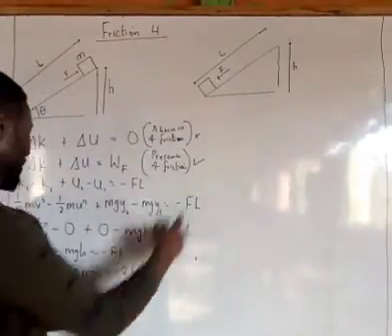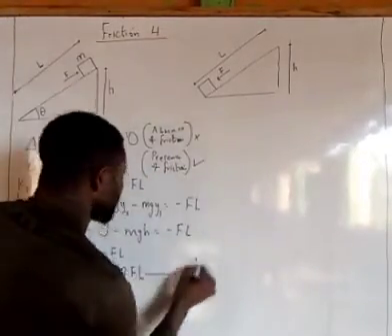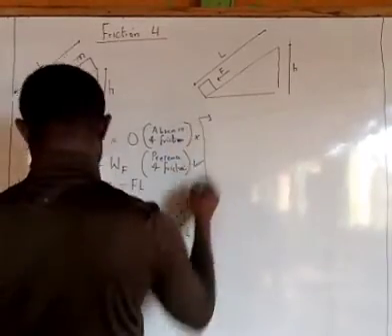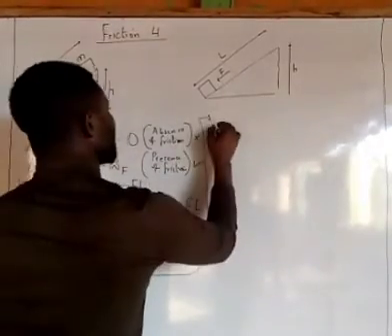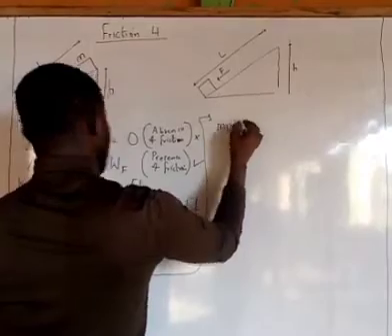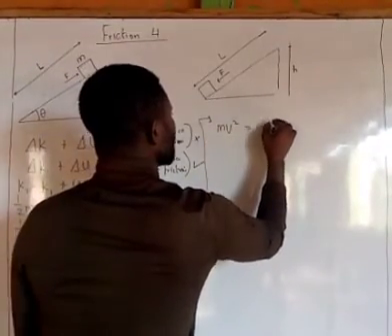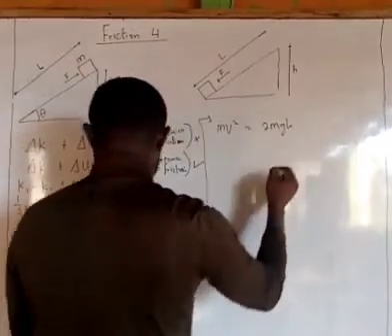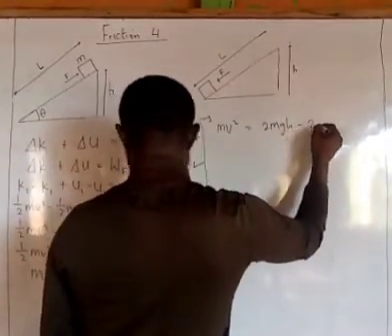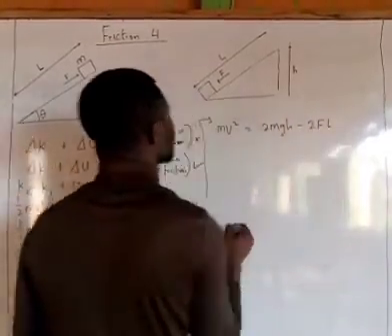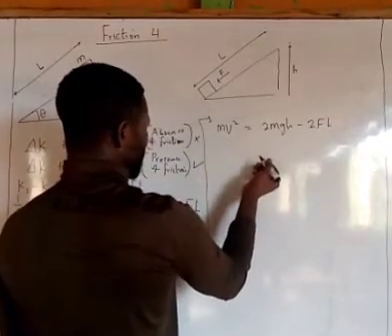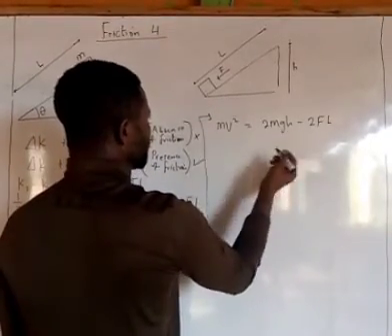So from here, we have mv square is equal to 2mgh minus 2FL, and we can divide all through by m.